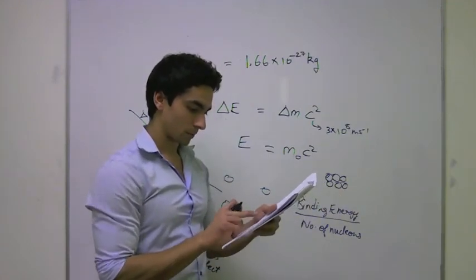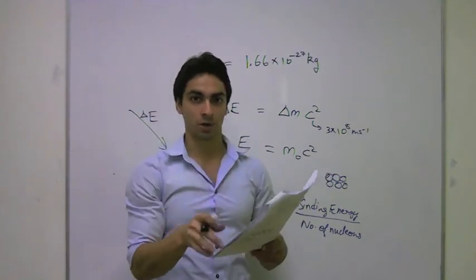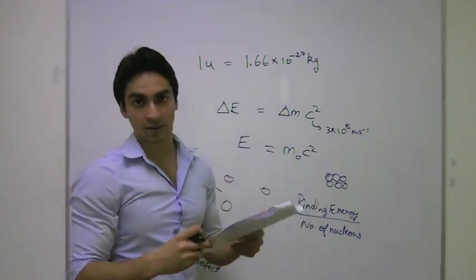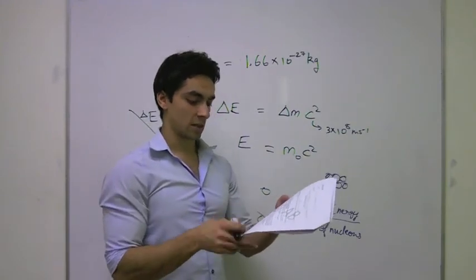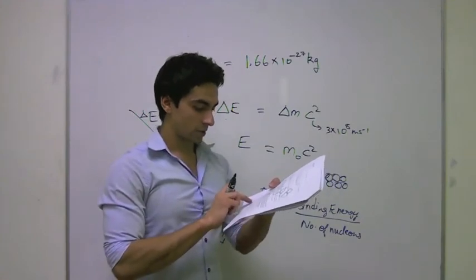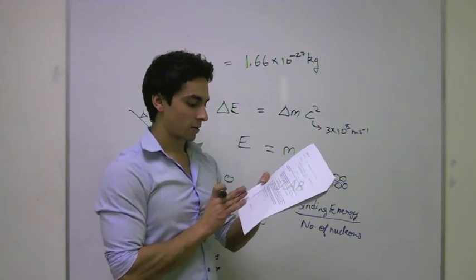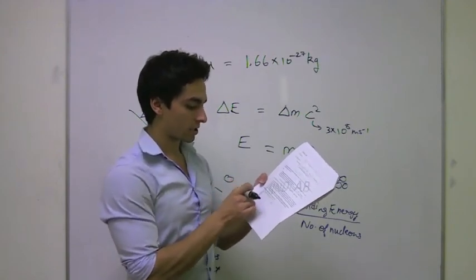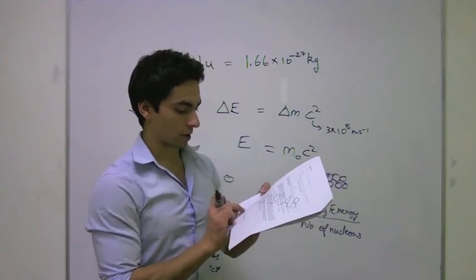Now, if you see a graph of the binding energy per nucleon of all the elements in the periodic table, that graph is given at the bottom of page 16 and is quite important. You can see that the binding energy per nucleon is low for smaller nuclei, and it rises up very sharply from the nuclei over here, like helium.